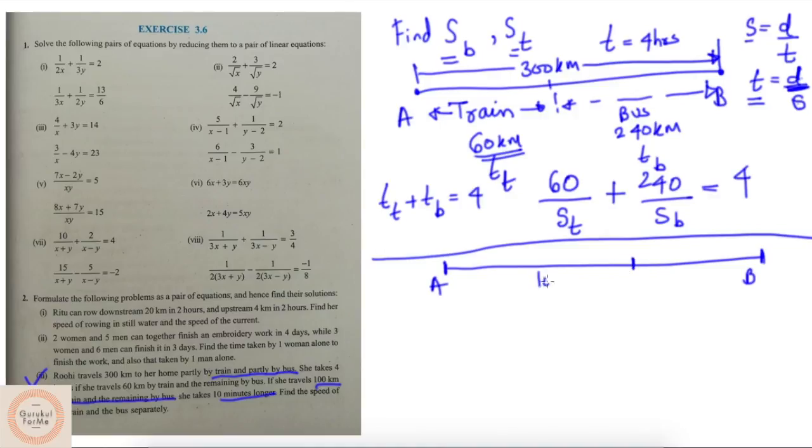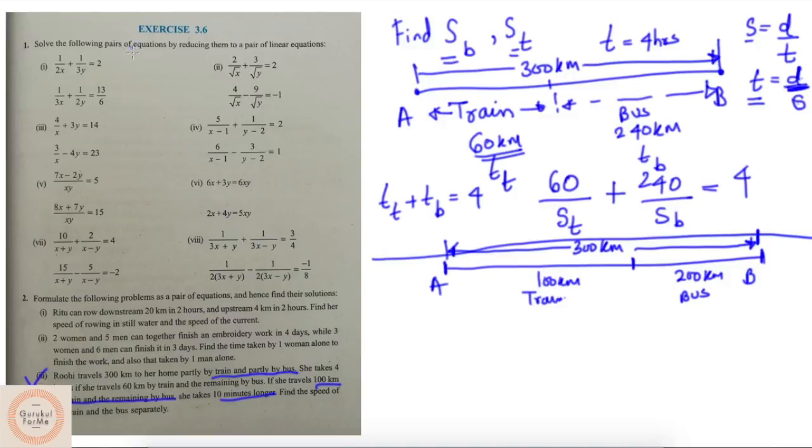She travels 100 kilometers by train, and then she travels 200 kilometers by bus, and we know that this total is 300 kilometers, right? Now, she takes 10 minutes longer, which means she effectively takes 4 hours 10 minutes. Okay.